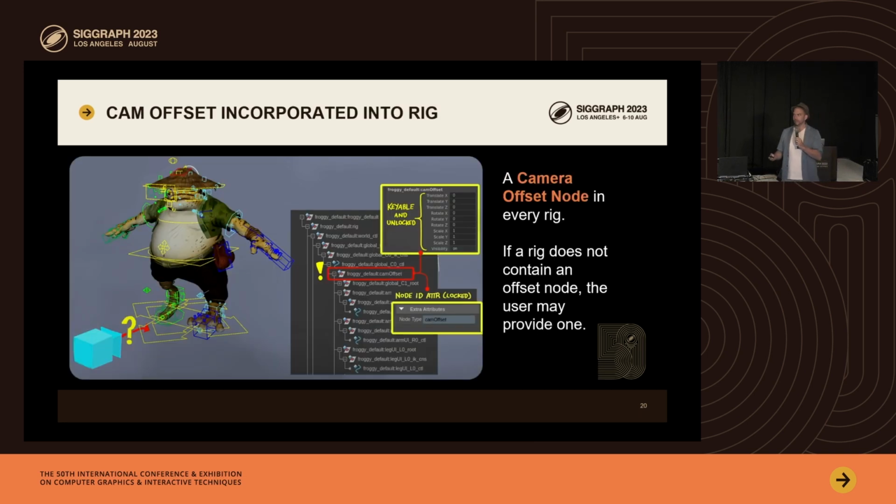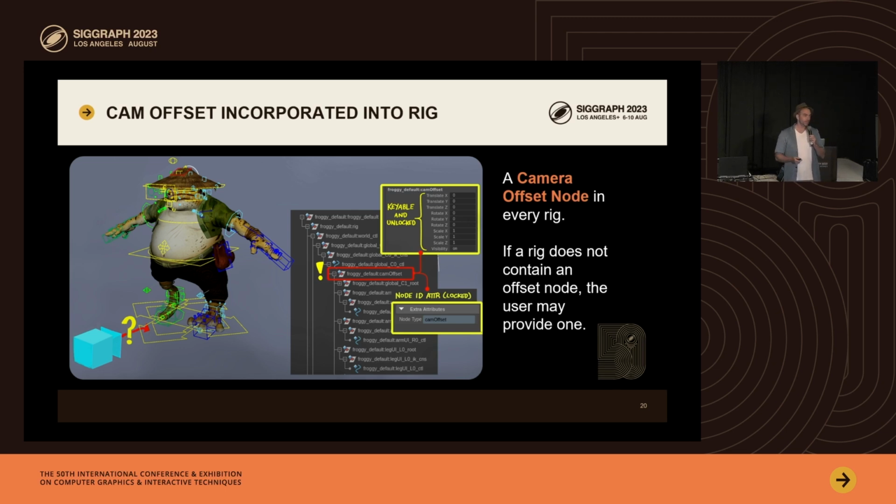So we had to add to the rigging pipeline with the advent of time filters. When we create an asset at Marza, if the project has filters, then every asset will have a camera offset node somewhere in the hierarchy. That is basically just a node which moves the entire rig as a whole. When a camera offset is added to a filter, the system searches the filter for all of the rigs within it and for all of the offset nodes within them.